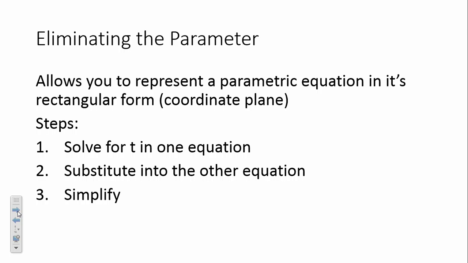So sometimes we want to eliminate that parameter of t or that parameter of theta. And we'll see one with theta in just a moment. It allows you to represent the parametric equation in its rectangular form or the coordinate form. So to do that, you solve for t in one equation, and then you substitute that into your other equation, and you simplify. And again, we want to think about which equation will be easier to solve for t in, and then use that.